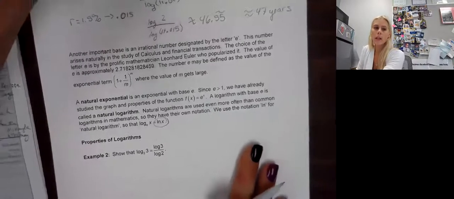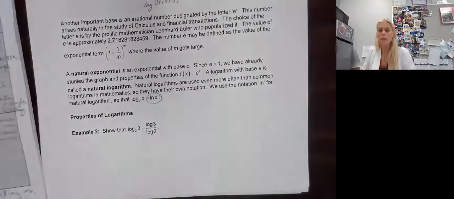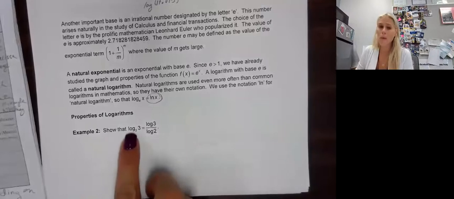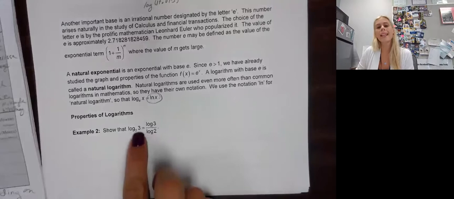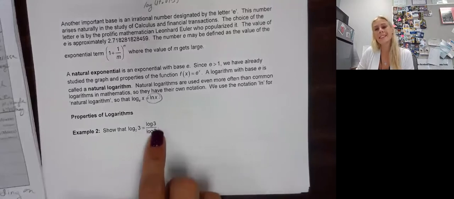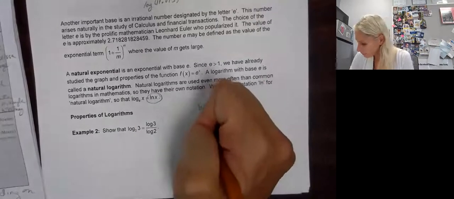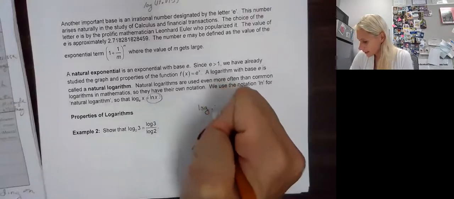Now, in example 2 here, I'm going to prove to you that log base 2 of 3, which is something we cannot plug in a regular calculator, is the same answer as saying log 3 over log 2. Now, let's remember what log 3 is.